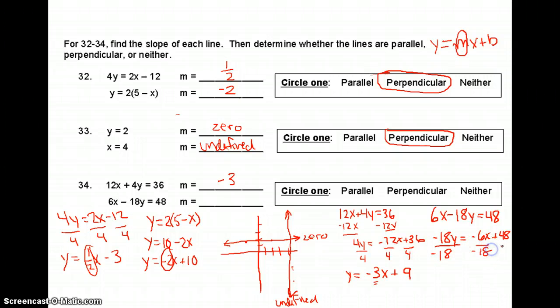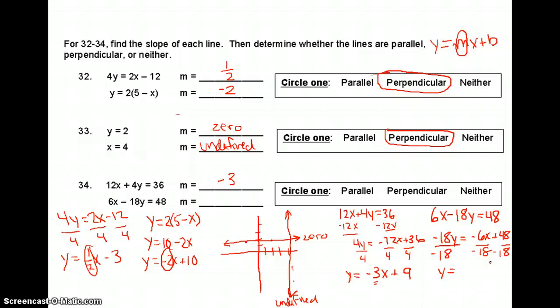So negative 18y divided by negative 18 is y. Negative 6 divided by negative 18 equals 0.3 repeating.